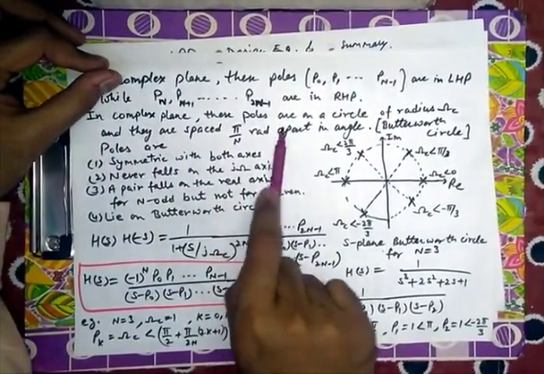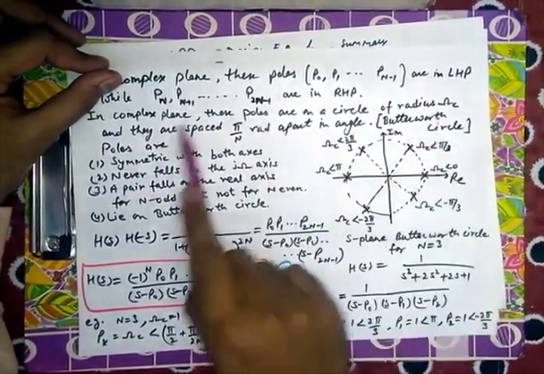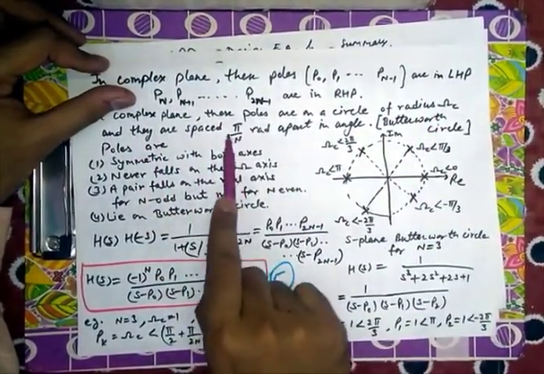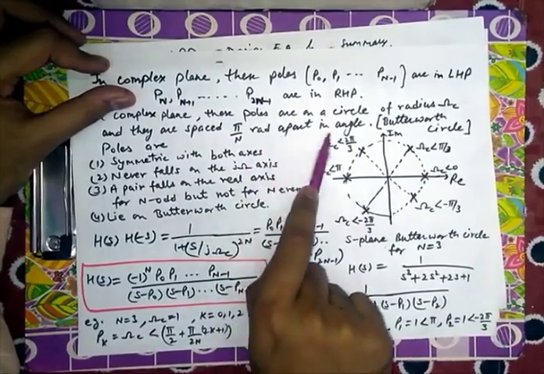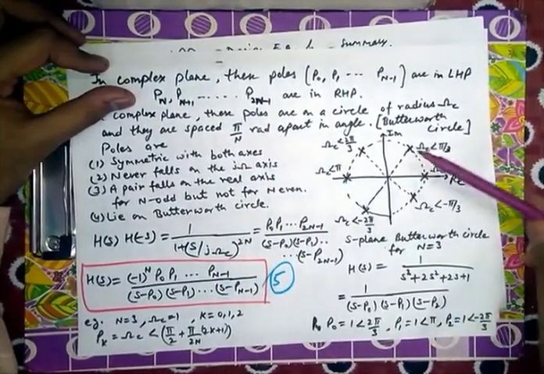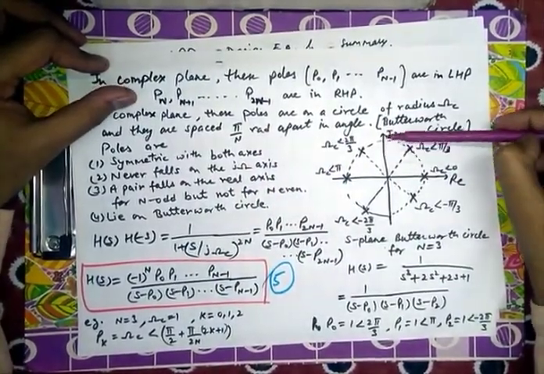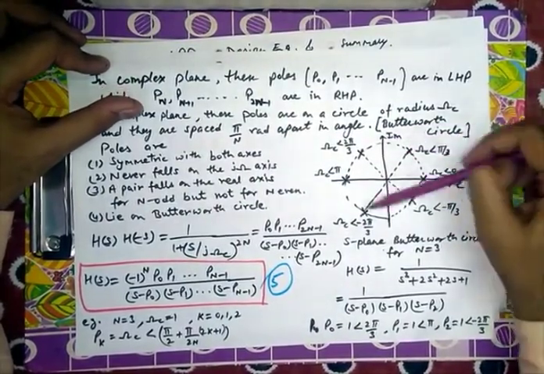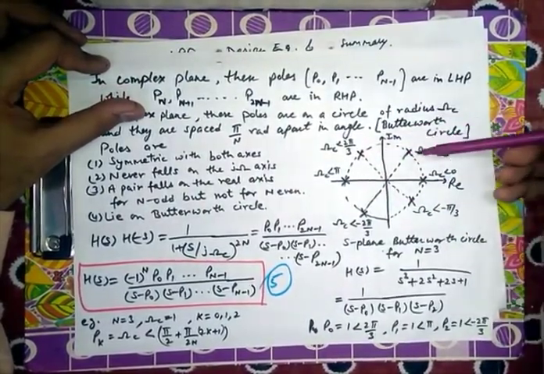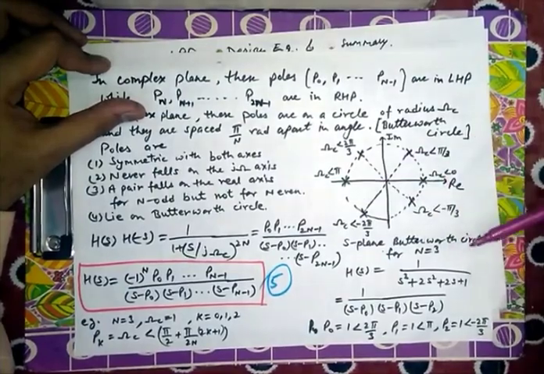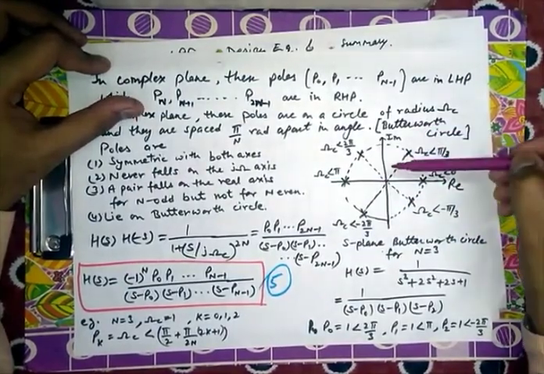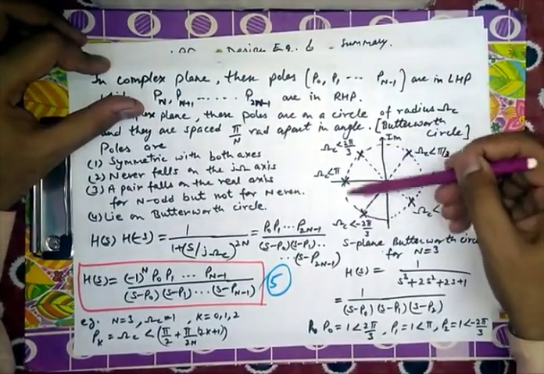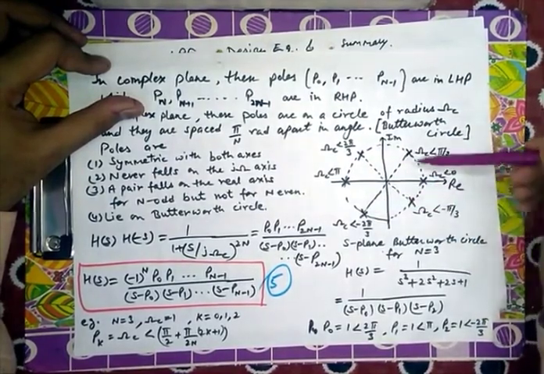In complex plane, these poles are on the circle of radius Ωc, and they are spaced by pi by n radian apart in the circle in angle. Suppose this is the third order Butterworth filter having 1, 2, 3, 4, 5, 6 poles. You can see that these are the left hand side poles and these are the right hand side poles.